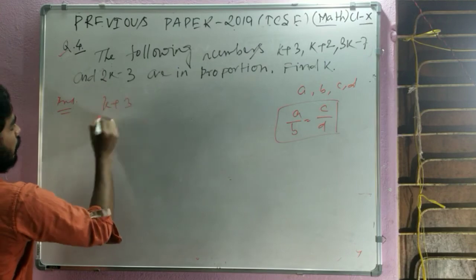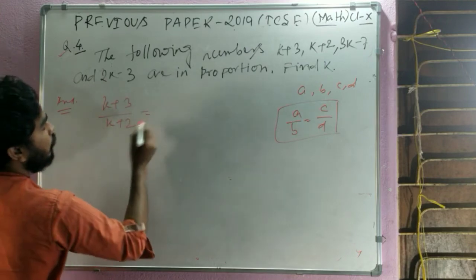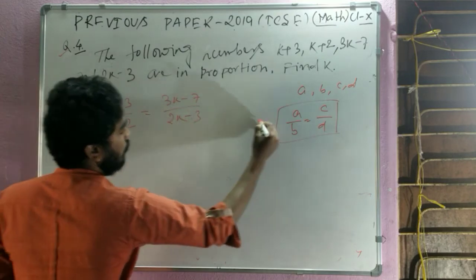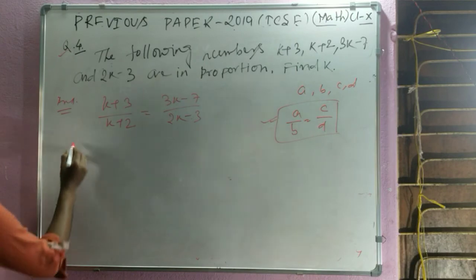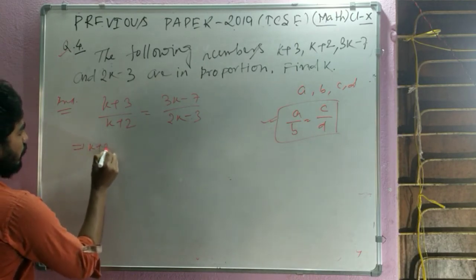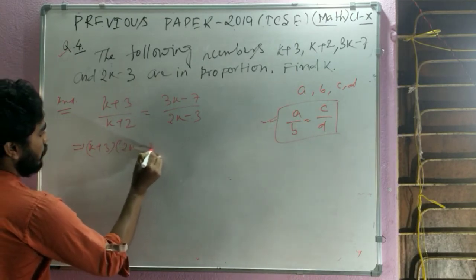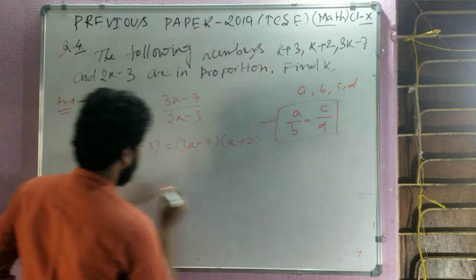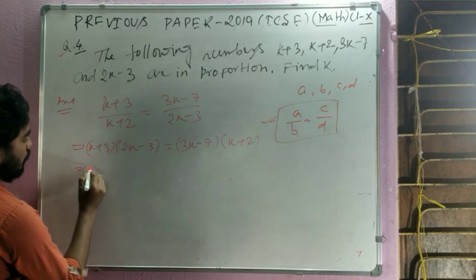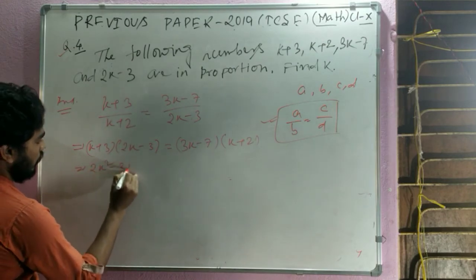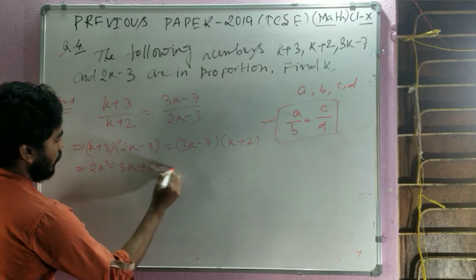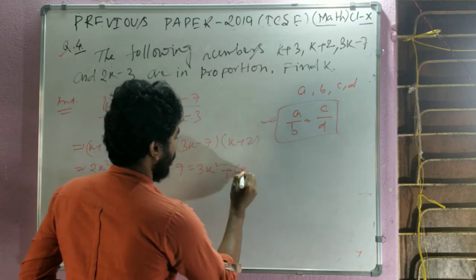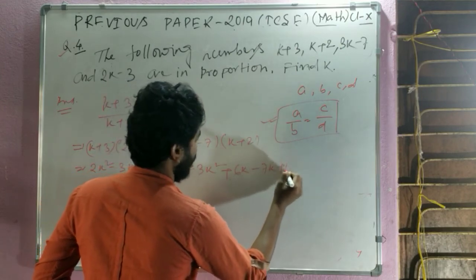K plus 3 by K plus 2 equal to 3K minus 7 by 2K minus 3. Apply this property. So multiply K plus 3 into 2K minus 3 equal to 3K minus 7 into K plus 2. 2K square minus 3K plus 6K minus 9 equal to 3K square plus 6K minus 7K minus 14.